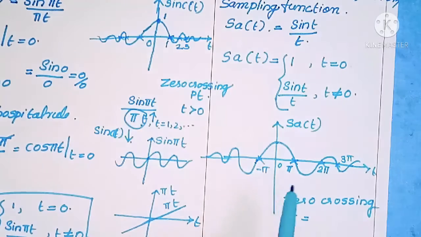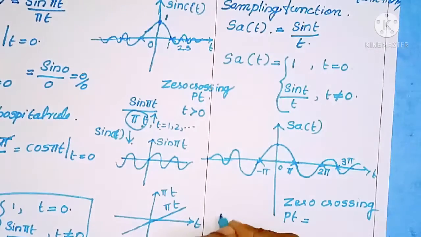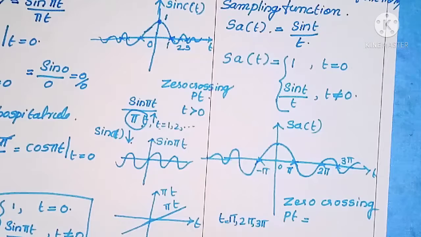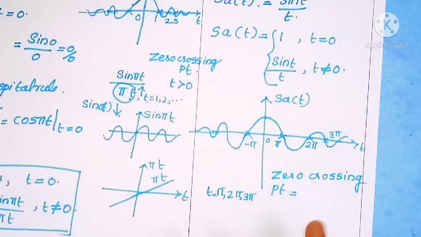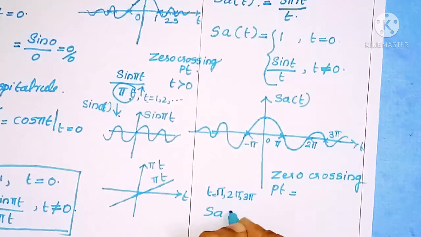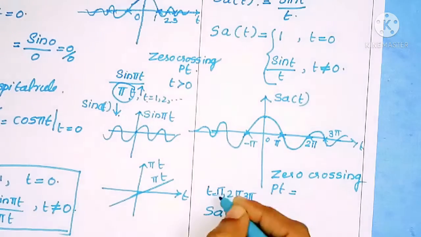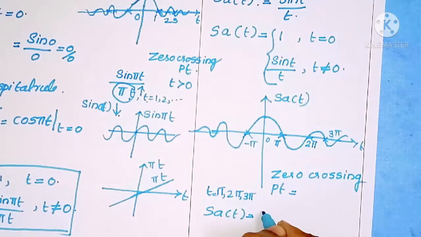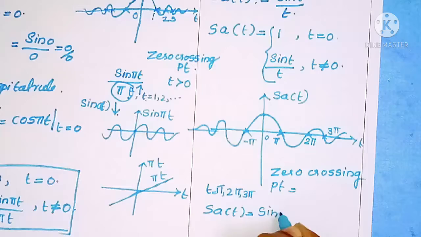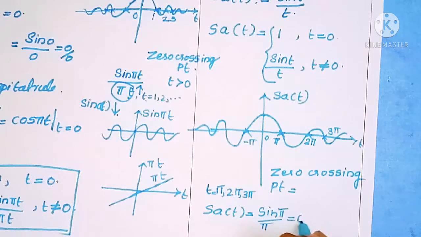To understand the concept of zero crossing points in the sampling function, consider t equal to pi, 2 pi, 3 pi, etc. If you apply these values to the sampling function, what will you get? If you apply t equal to pi, then SA of t is sin pi by pi. Sin pi is equal to 0.